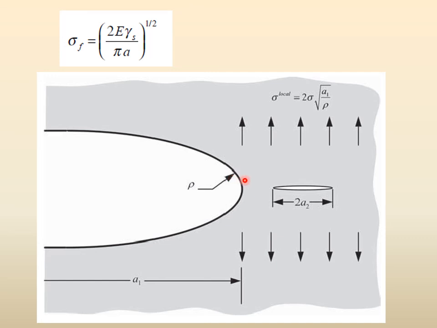So the stress concentration of this will affect this crack also, which is a small one, and therefore there will be a localized stress which is given by this equation. So you have the Griffith equation and you have this localized equation, right? And this local stress is because of this big one and a combination of this. So once you combine these two, then that is it.